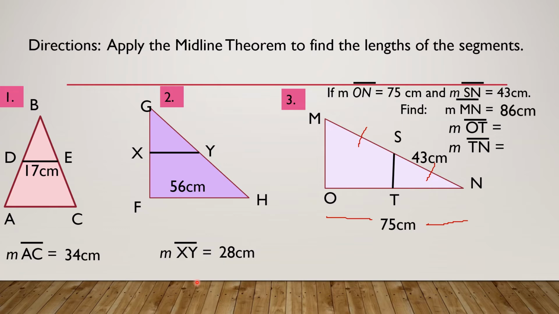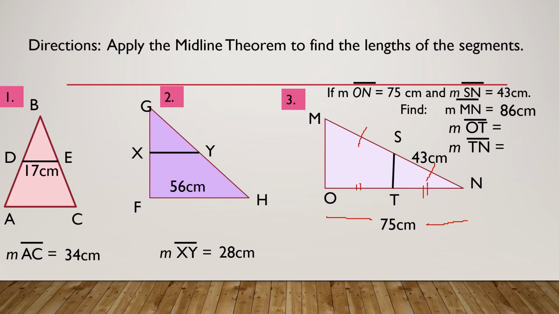What about segment OT? From O to N, that is 75 centimeters. And we know that T again is the midpoint, therefore it divides it equally. This segment here is equal to the segment here.